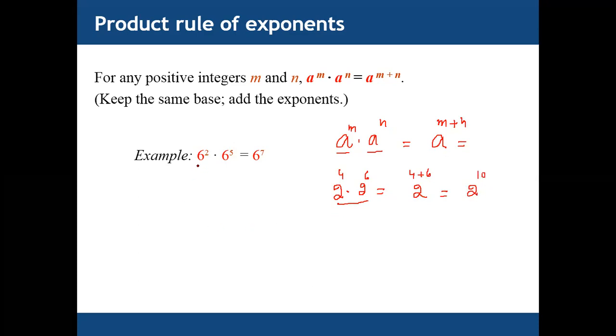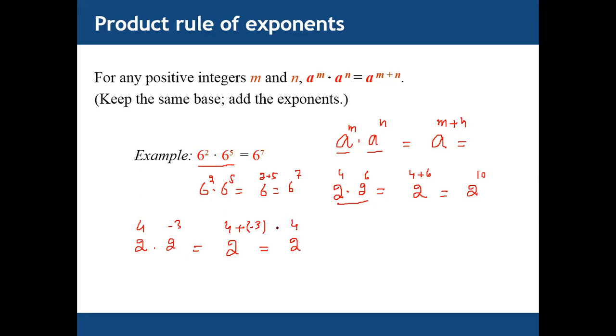For example, we have 6 power 2 and 6 power 5. Simply we can write 6 power 2 into 6 power 5. Take one base and add 2 plus 5, so you can write 6 power 7. Same if we have a negative power, you can write 2 power 4 into 2 power minus 3. The bases are the same. Take one base and add their powers, 4 plus minus 3, because one is plus and the second one is minus.